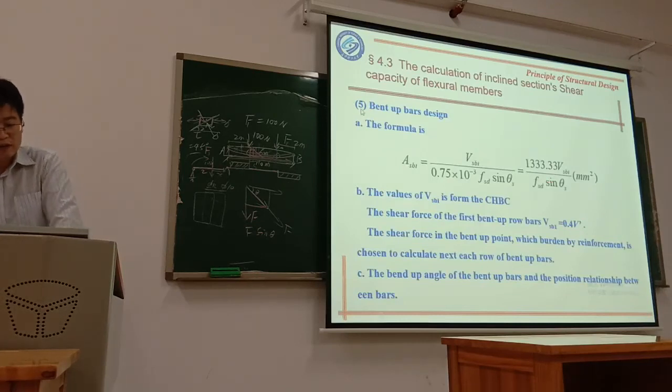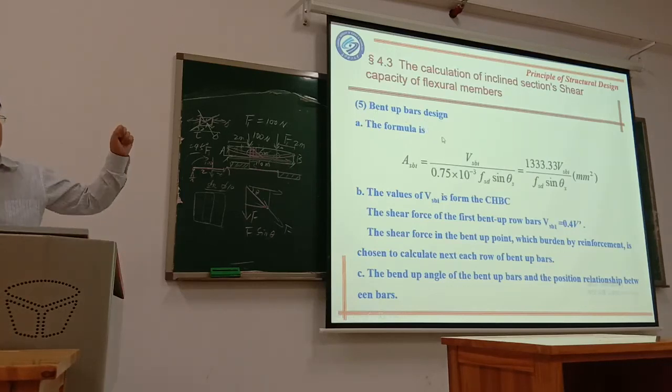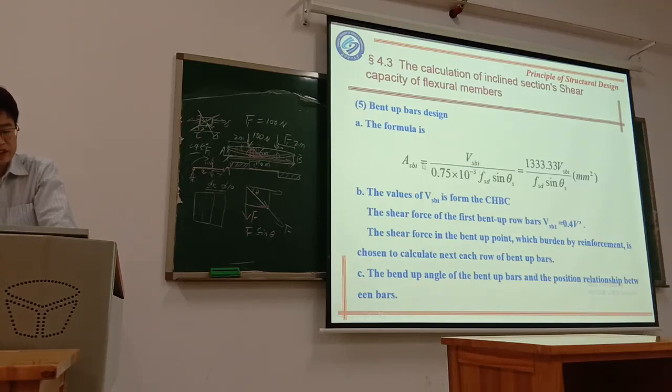So the first step, we should calculate the bend up bar. We design the bend up. Not only stirrup, we also need to design bend up. So use this formula, Asbi equal to this. Vsbi, this is the shear force resisted by this bend up reinforcement.